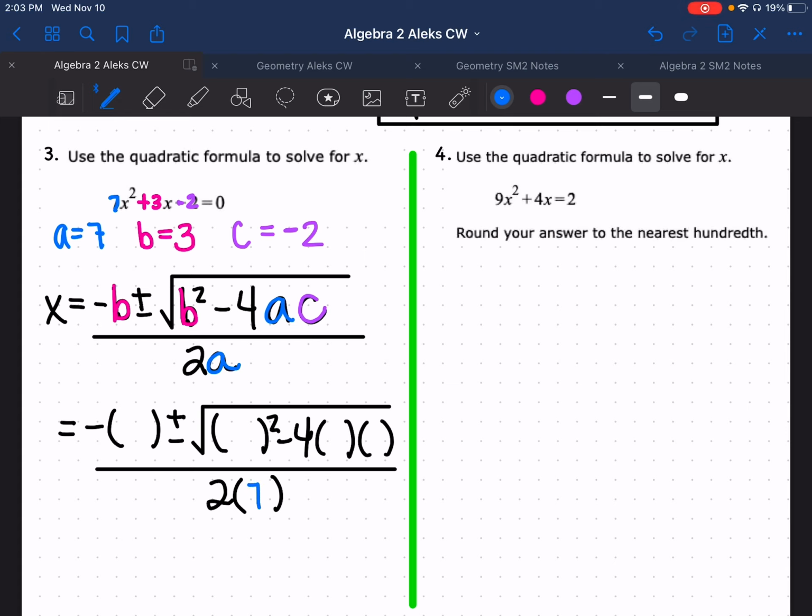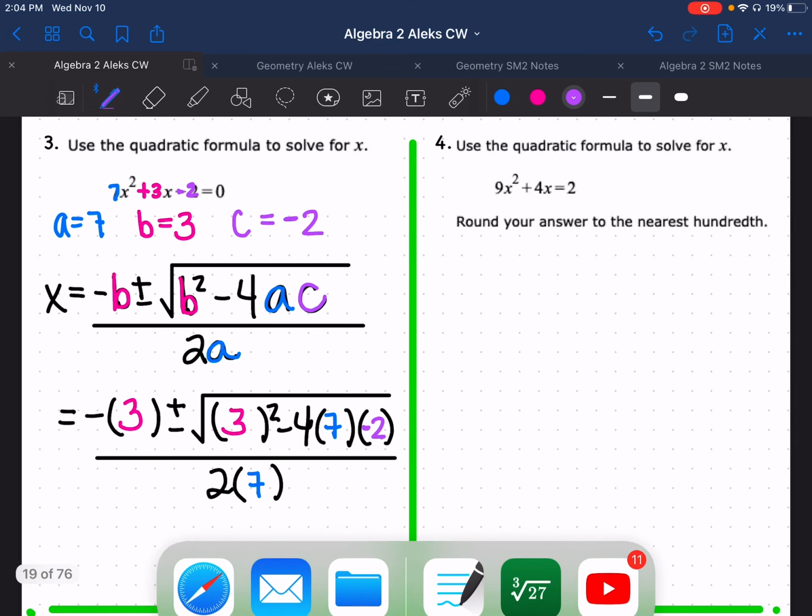Okay, so I know that the 7 goes in the bottom and right after the 4 because I'm playing that matching color game of where they belong. I know that my B's go here and here because once again, I'm just playing that matching color game. And the last one goes here.